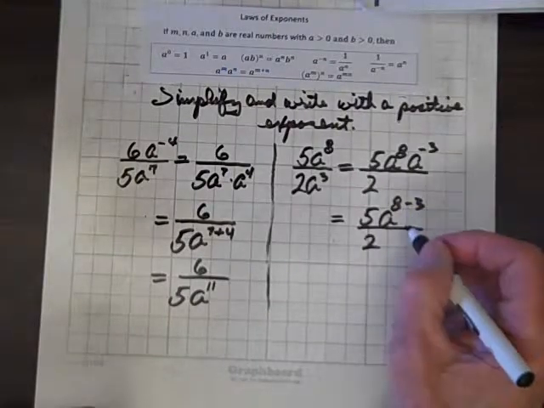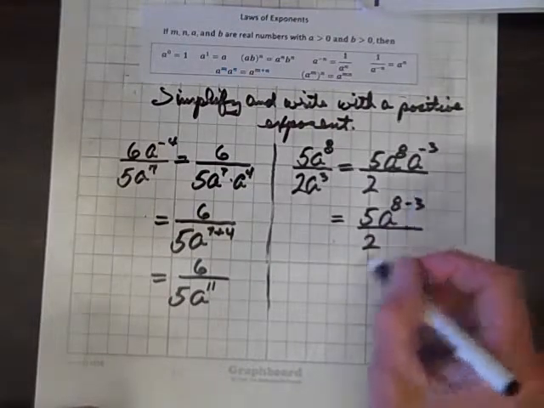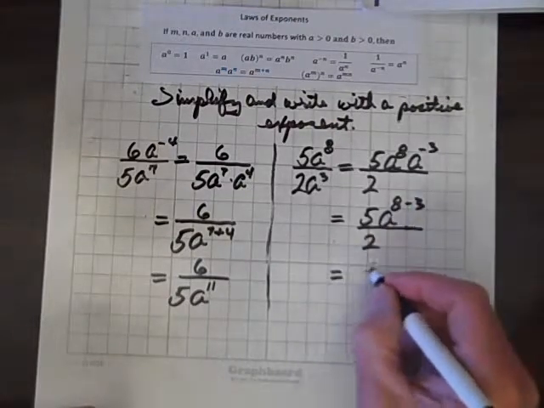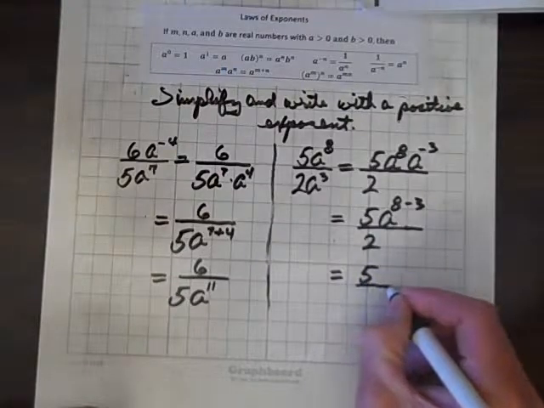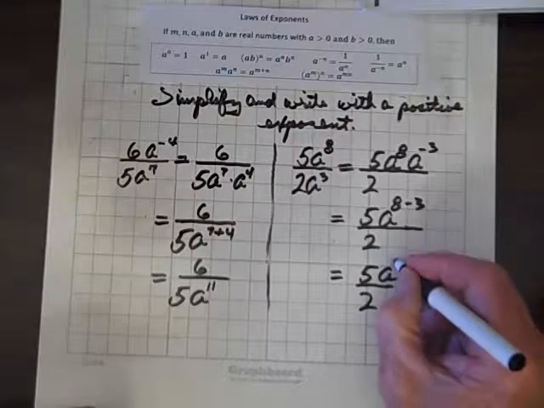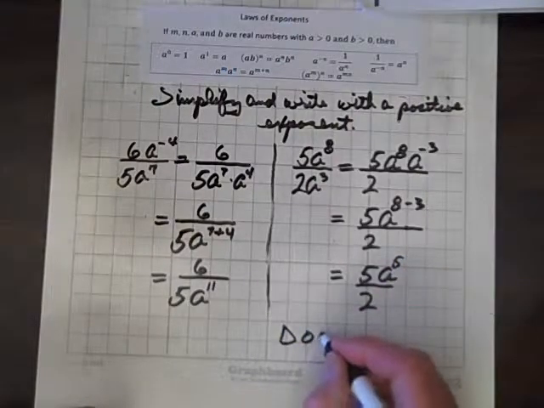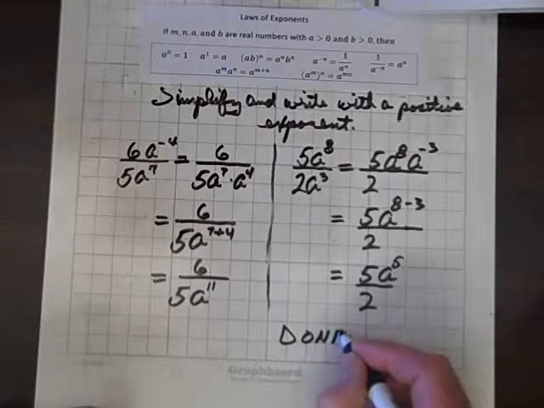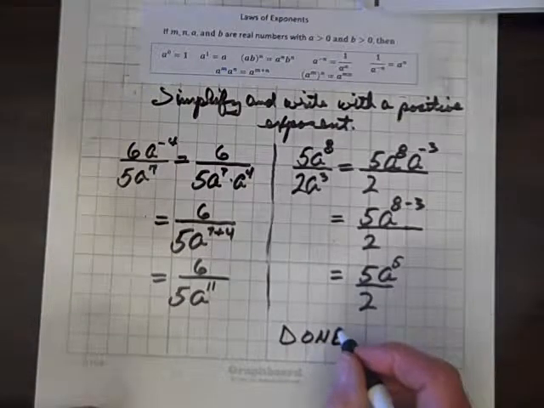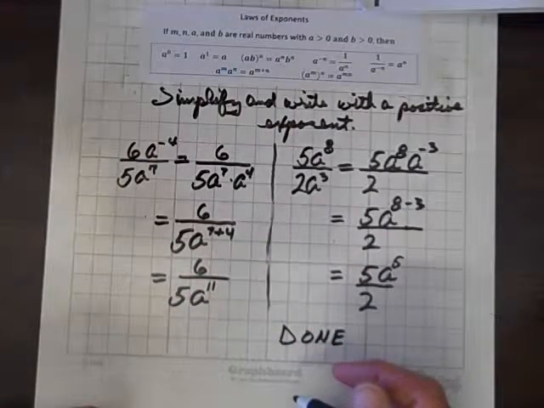We're just adding the exponents because we have like bases. And this equals 5 over 2a to the 5th. And we're done. We've applied the laws of exponents to two quotients and simplified.